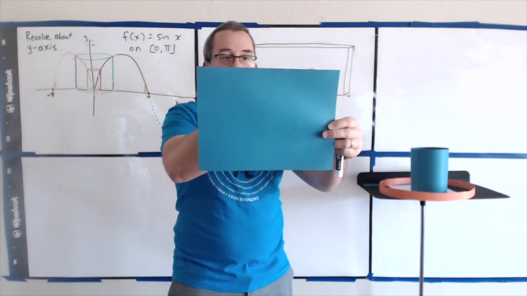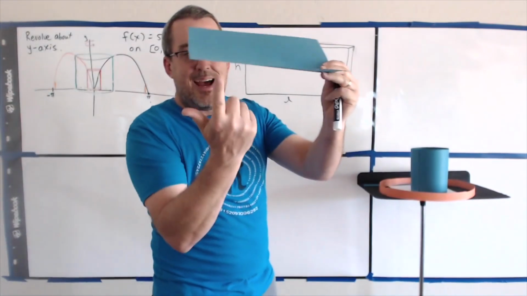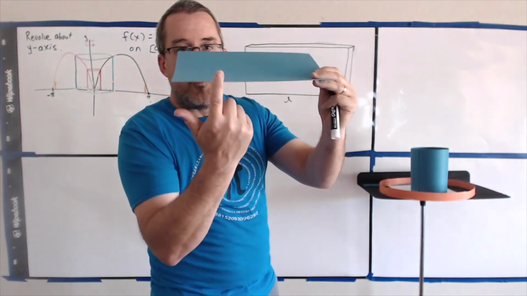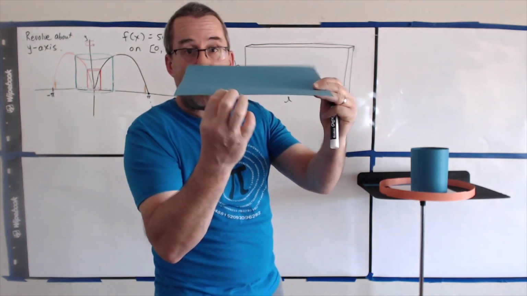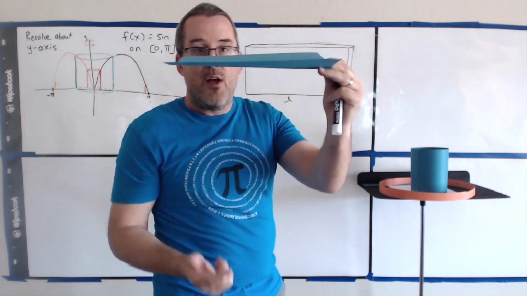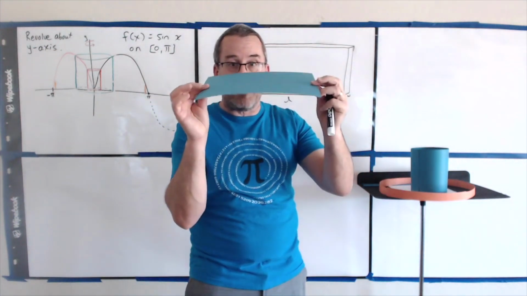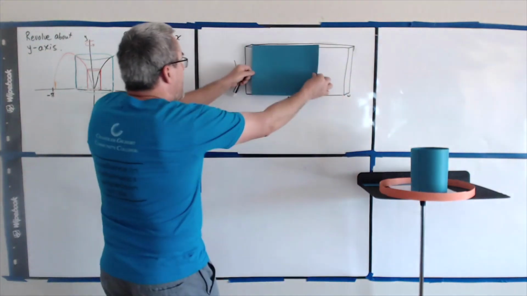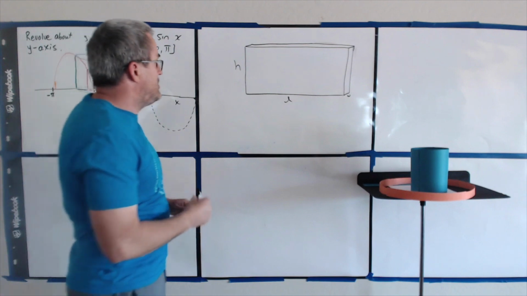It has a length, it has a height, and theoretically it has a little bit of width. Now even this piece of paper has a very thin width. In calculus, it's even thinner than what you see here. The width of this piece of paper in calculus thinking is infinitesimally thin. So what we have here is a volume of a piece of paper, the cylindrical shell.